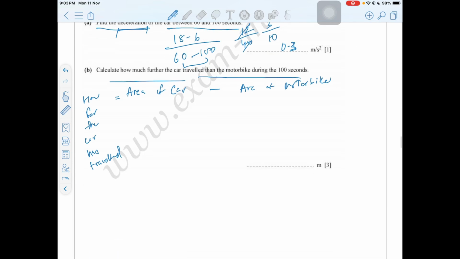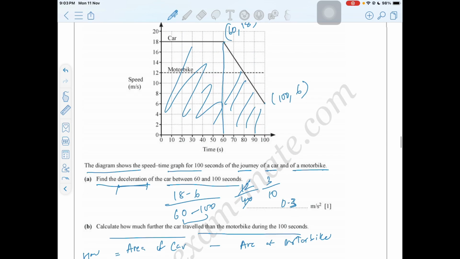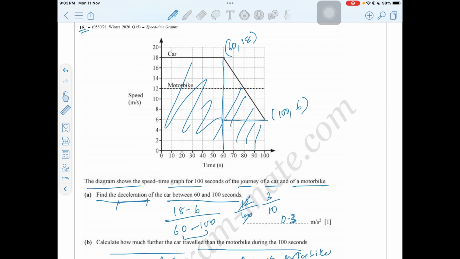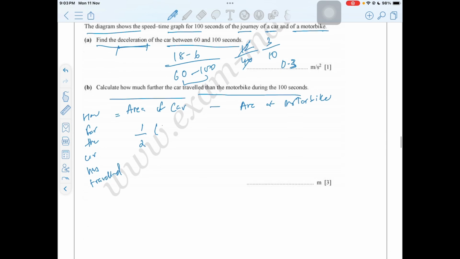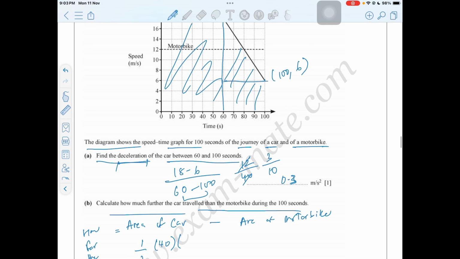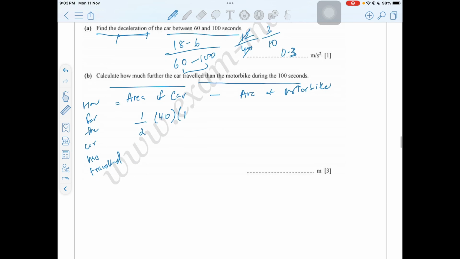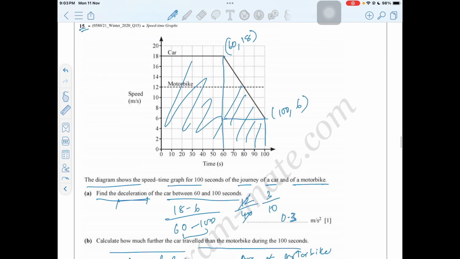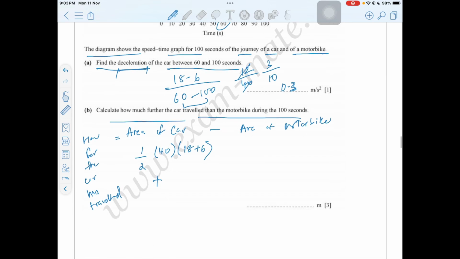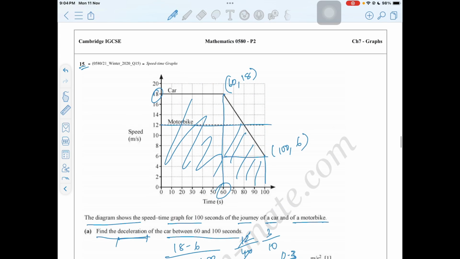So for area of car, we have 1 over 2 times the area of trapezium, where we have this height as 40, and we have the sum of parallel sides as 18 and 6. This would be 18 plus 6, and this rectangle would be added. This is 18 and this is 60. This would be 18 multiplied by 60, right? And the area of motorbike is basically a rectangle, which is 12 multiplied by 100.